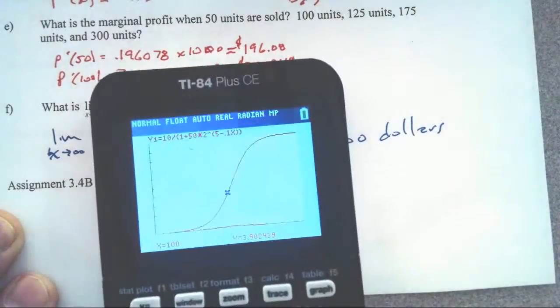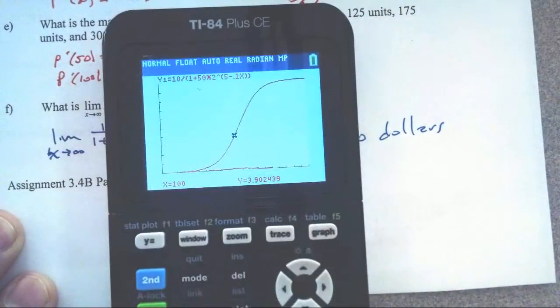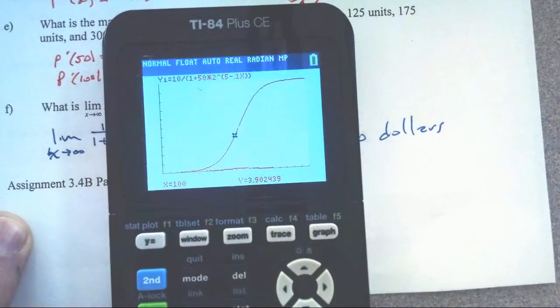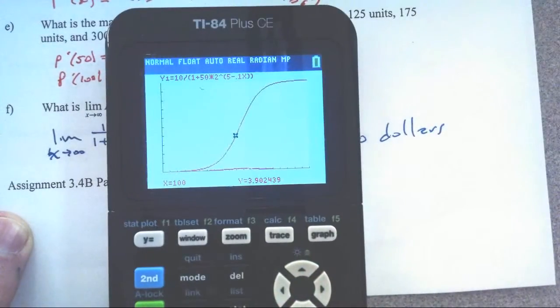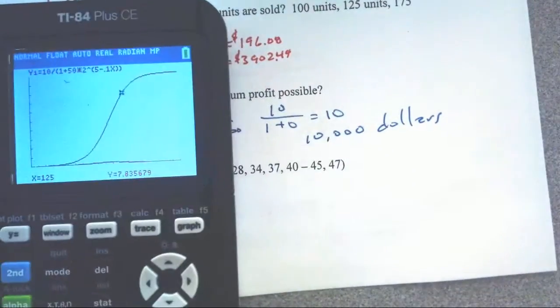And we would just continue that with 125. So I'm just going to answer these more directly. I'm still in second calc value, and I want 125. Enter.